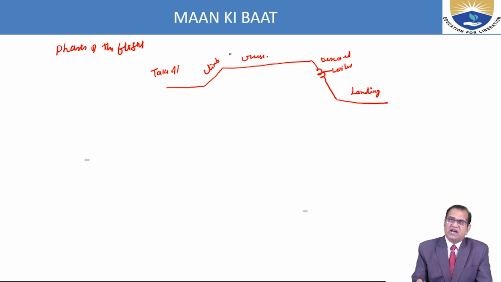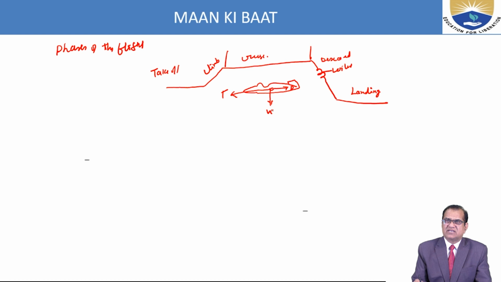As of now, we are here in this cruise flight. In this cruise flight, this is the airplane. This is the thrust, which is to be countered for the drag.